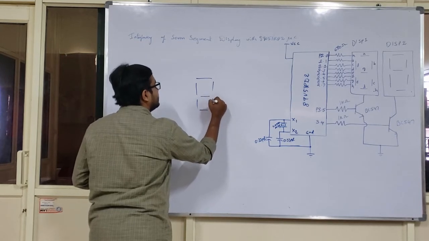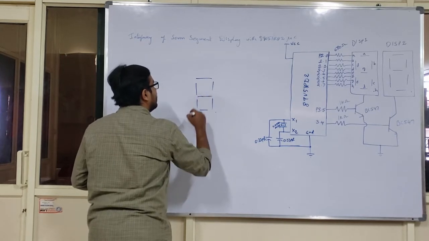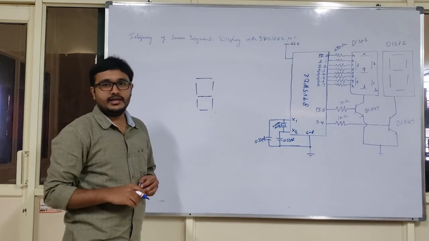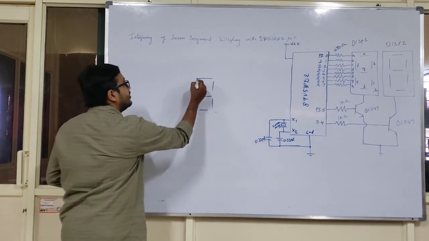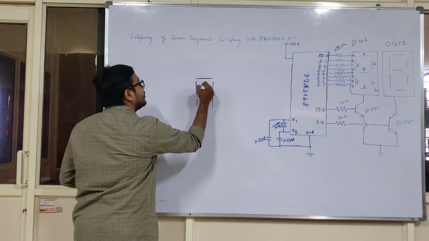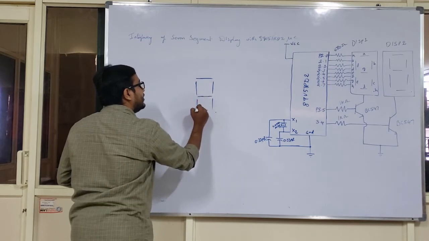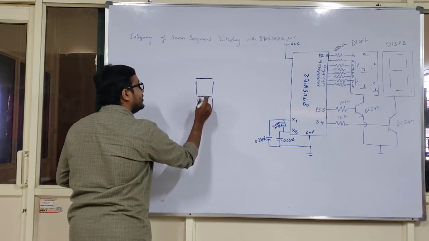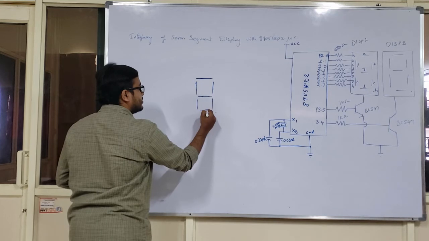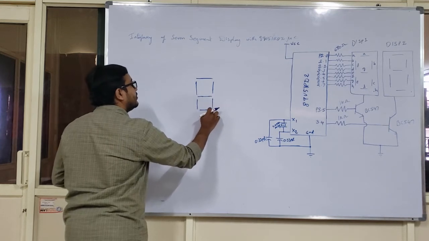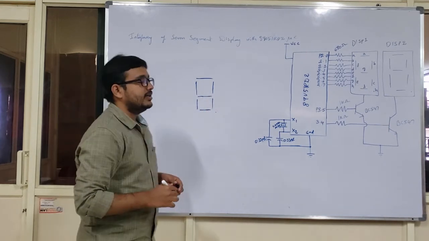So this 7-segment display consists of 7 LEDs, but the appearance of these LEDs will be in the form of lines.